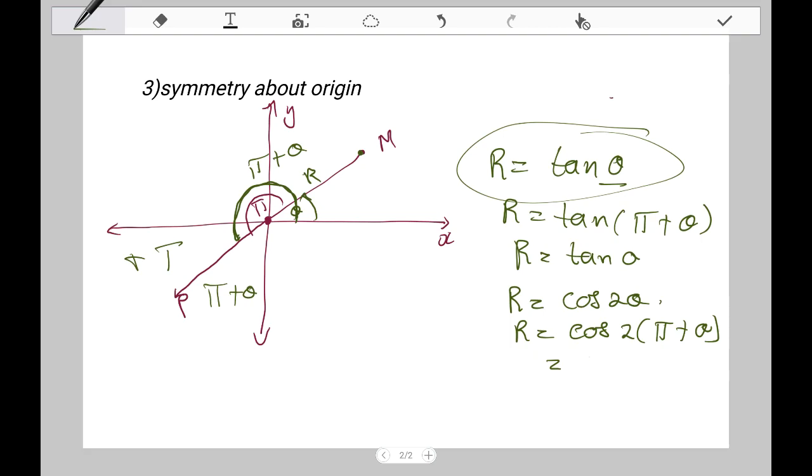This will give you cos of 2 pi plus 2 theta. Then 2 pi plus 2 theta is in the first quadrant, and in the first quadrant, all of them are positive. So this is the same as cos of 2 theta. Therefore the equation is symmetric about the origin.